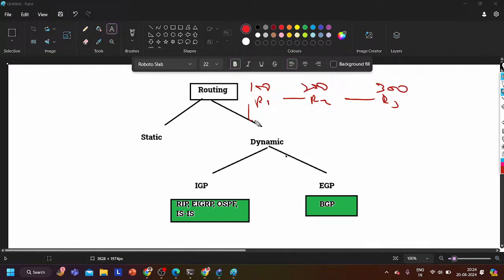With an IGP protocol on all routers we have to perform redistribution. But with the help of an EGP protocol you can make communication possible between these 3 different organizations without the need of redistribution. This is where we need an EGP protocol, exterior gateway protocol. An example of an exterior gateway protocol is BGP.